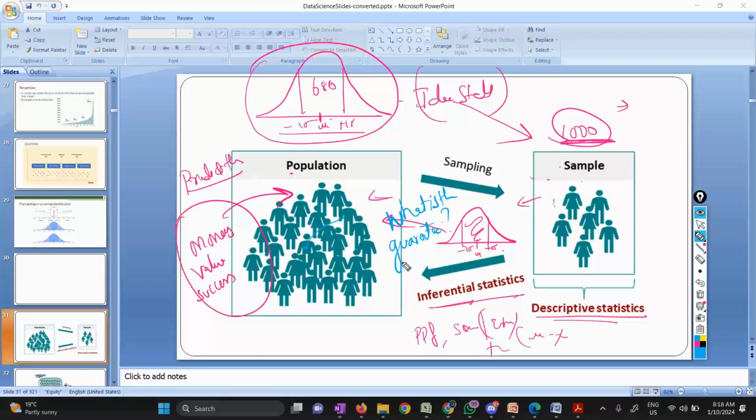What is the guarantee? That's the question. So this part of what is the guarantee is called the estimation. Finding out what is the guarantee is the estimation.